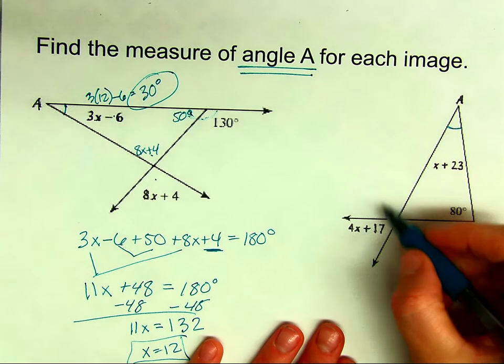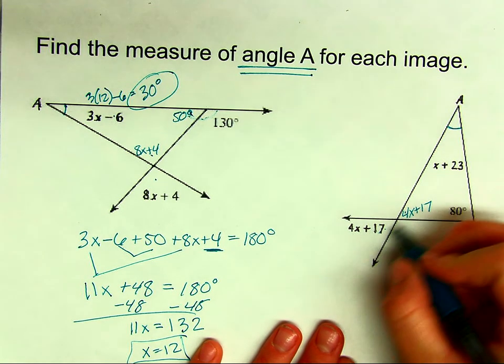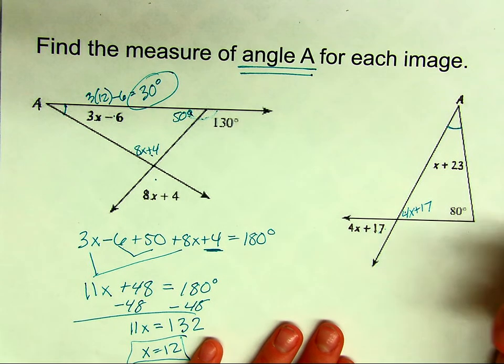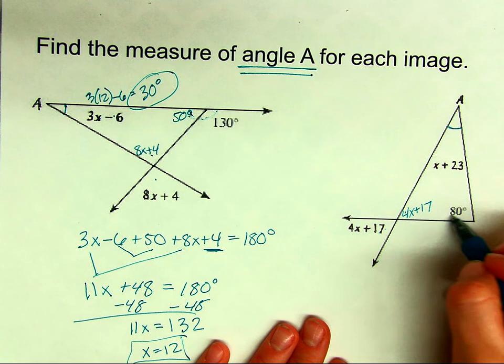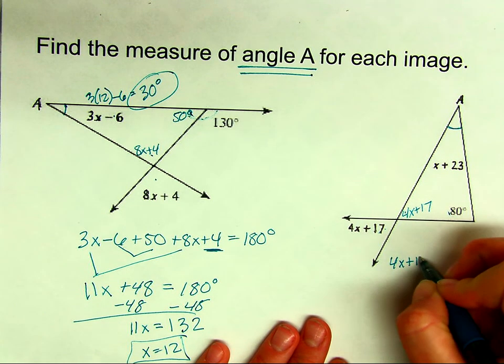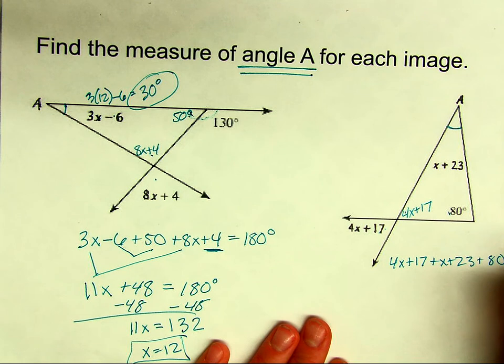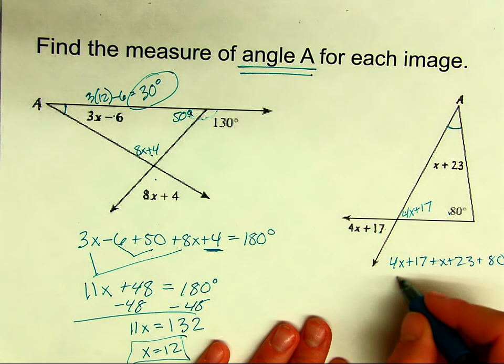Second one here, we've also got a pair of vertical angles. So this is also 4x plus 17 because vertical angles are congruent. So these three add up to 180 degrees. So 4x plus 17 plus x plus 23 plus 80 all give me 180 degrees.